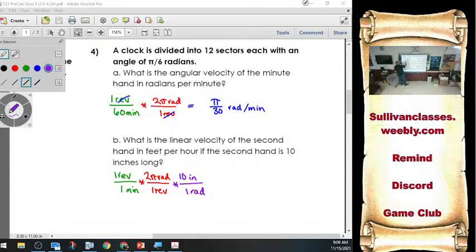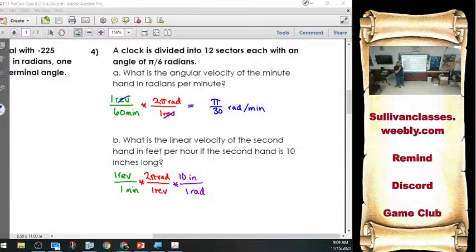I don't want to be in inches per minute. Well, look at the second hand on a clock. Is that the radius or the diameter? Ah, sneaky, sneaky. If you're not counting the little stub at the back on some second hands. Okay.